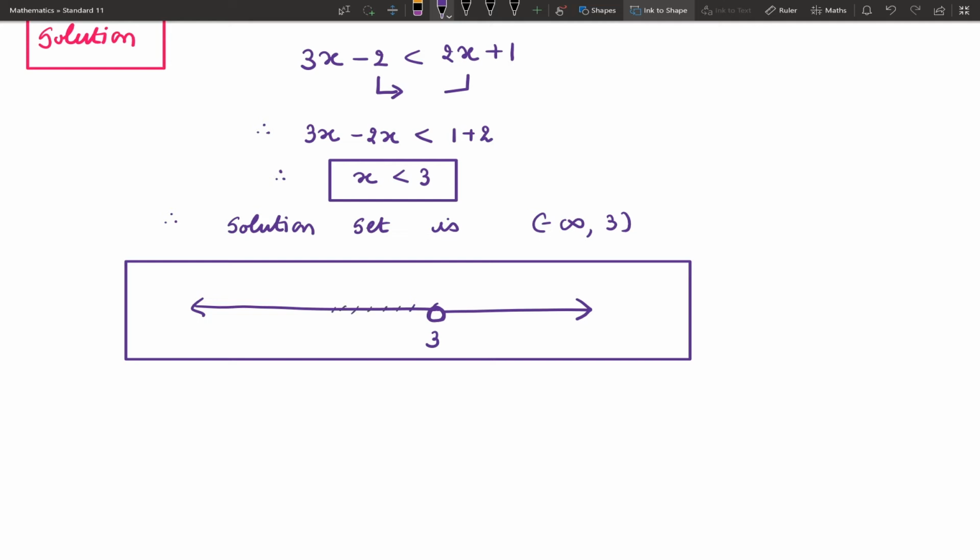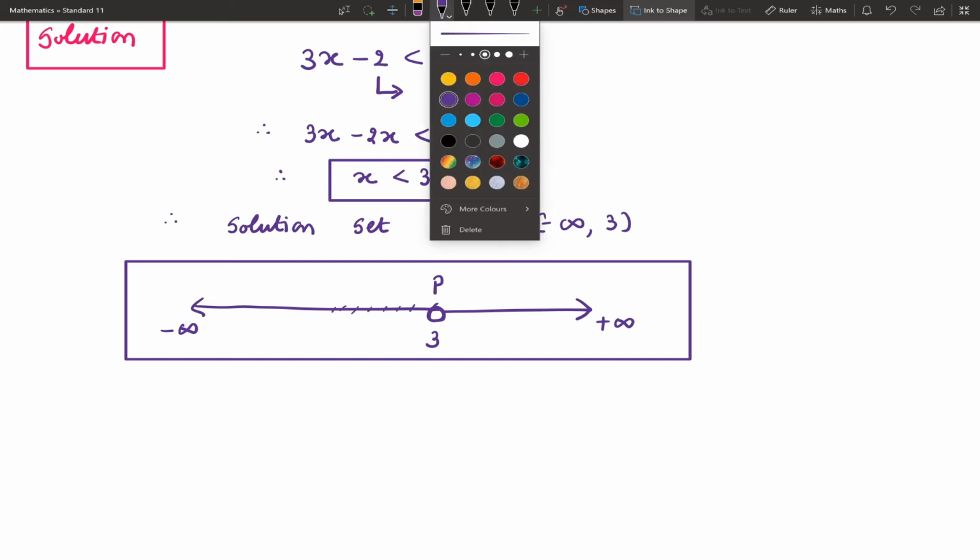Okay, so we know here, let us denote this point P. This is minus infinity to plus infinity, so it is the number line, or you can say the real line. The solution portion we have to denote by a bold line.